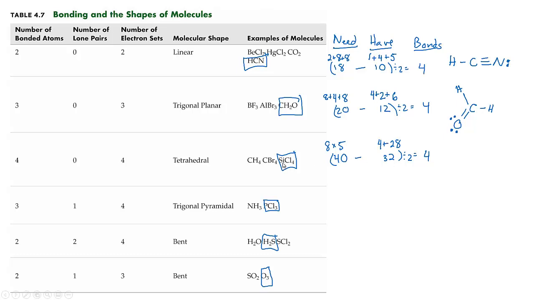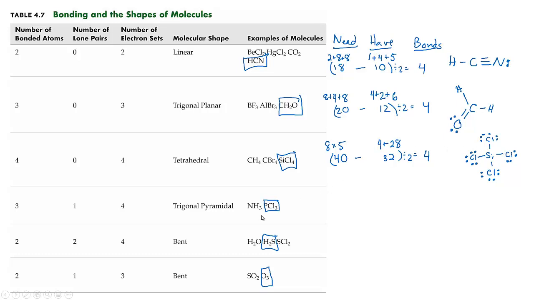Then silicon wants to have 8, chlorine wants to have 8, so there's 5 total atoms that want to have 8, so I just did 8 times 5 to give me 40. 40 minus 32 is 8, divided by 2 is 4, so 4 bonds. 1 central atom is your silicon, being the least electronegative. Each chlorine is around it, and now we spread our 32 electrons around it. And if you check all of these, you'll see that they all are happy with a satisfied valence.